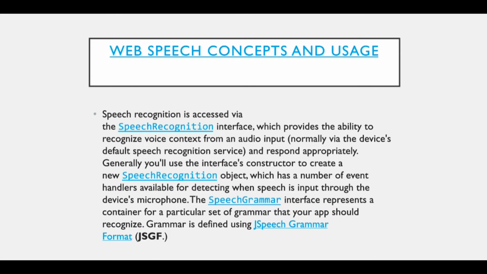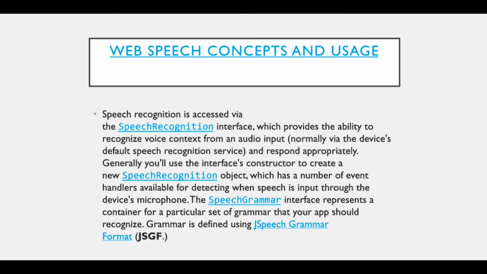Let's talk a little bit more about speech recognition. Speech recognition is accessed via the SpeechRecognition interface, which provides the ability to recognize voice context from an audio input, normally via the device's default speech recognition service, and responds appropriately.